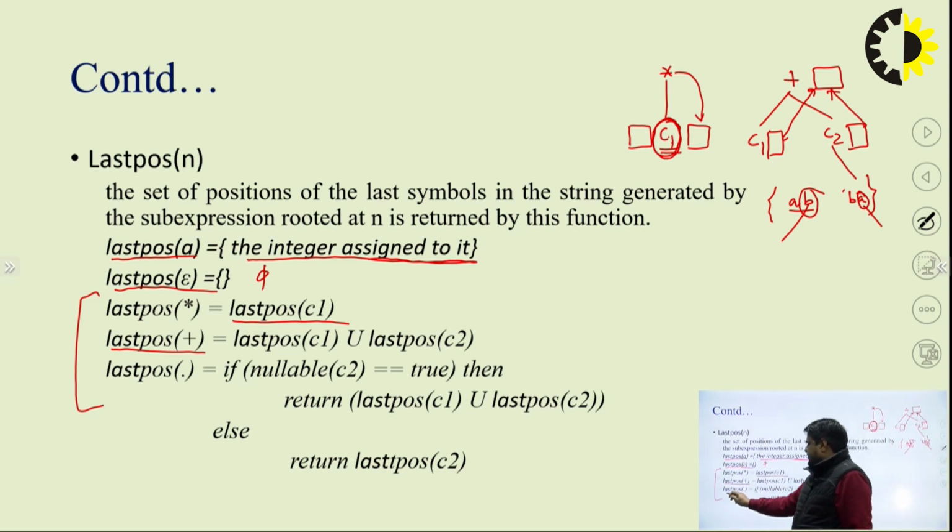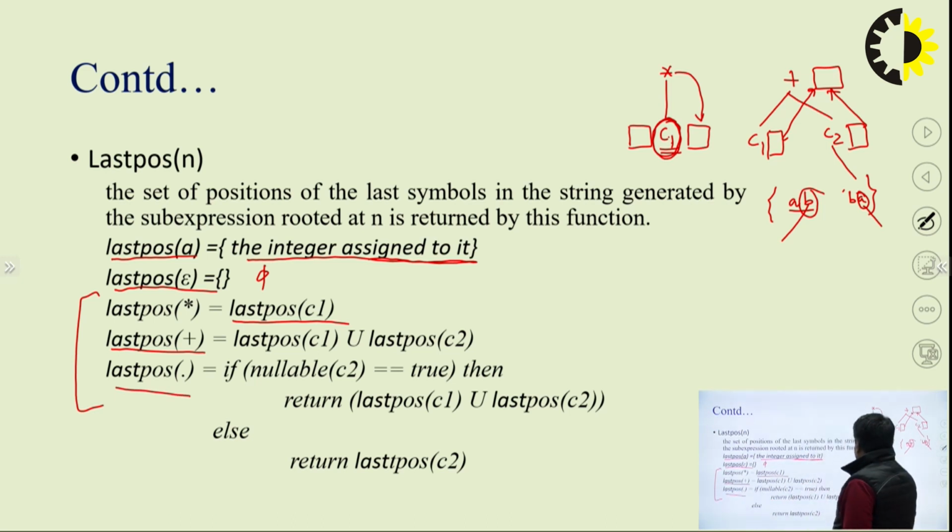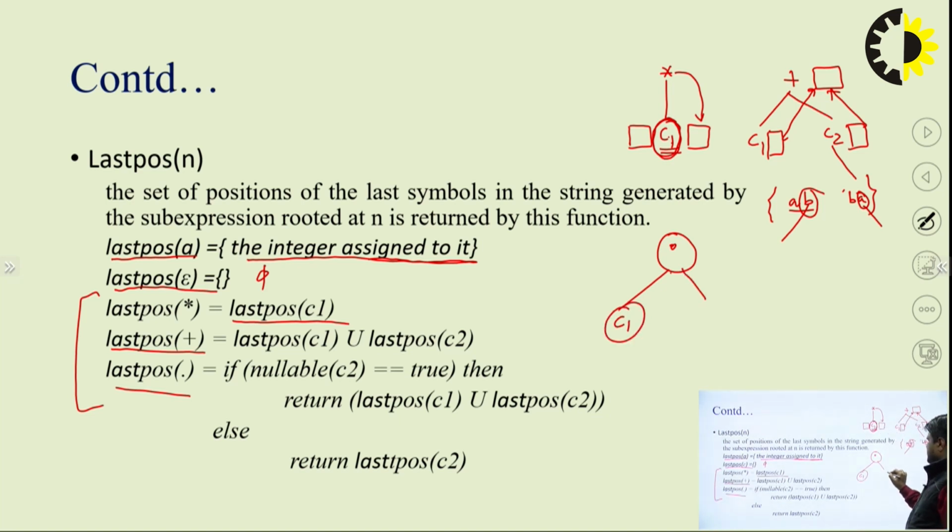Once again, for the concatenation, you can see this is a concatenation symbol, this is C1, this is C2. What happens if the last position of this one is here and the last position of this one is here, suppose, and you perform the concatenation over here?